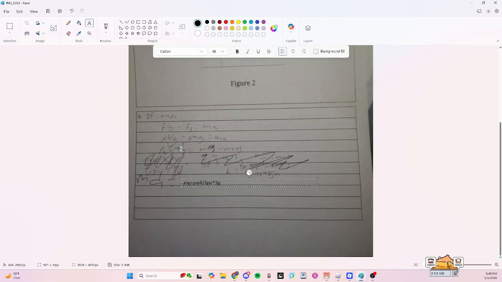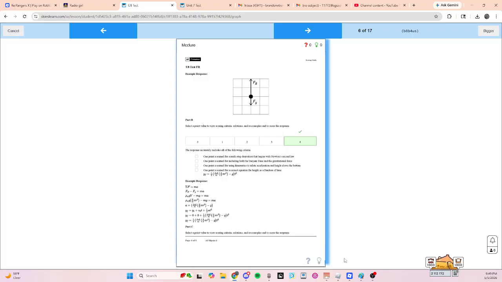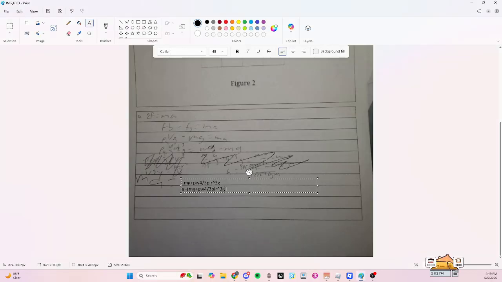Oh yeah, equals ma. And then isolate for a, so you have a equals minus mg plus rho_w 4 over 3 pi r cubed g. This is supposed to be a g, right? No, that's not supposed to be a g. And that's all wrong. And then this is all over m.